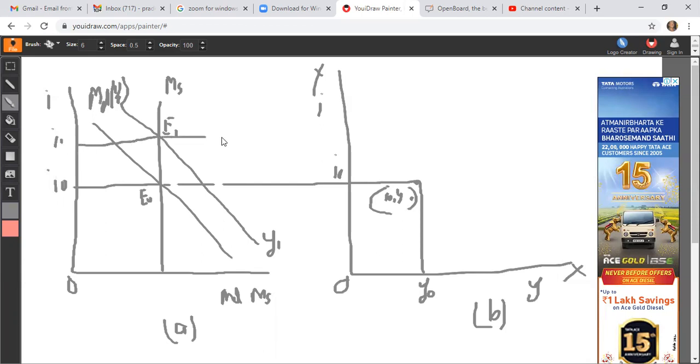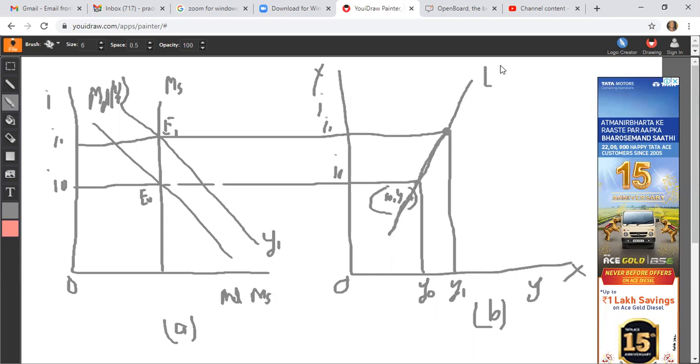You are taking this interest rate to this level, I1. Correspondingly, you are showing the income here, Y1. So this is another point on the LM curve. Joining all these points, you will get an upward sloping curve, which is called the LM curve. So this is a combination of interest rate I1 and the income level Y1.